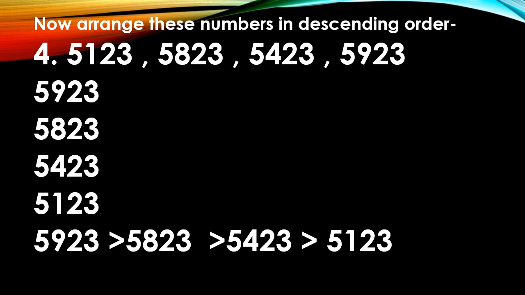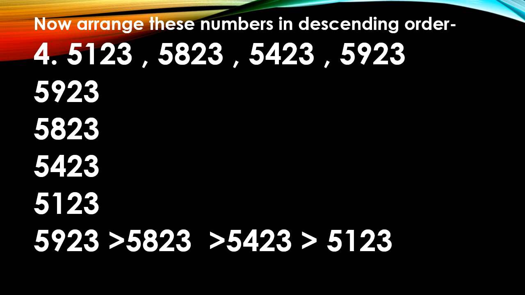Let's start from the highest place, which is thousands in these given numbers. So, all the numbers have 5 at thousands place. So, all are equal at thousands place.